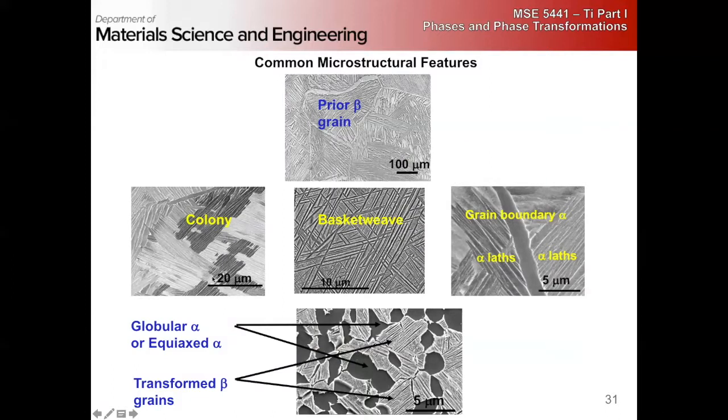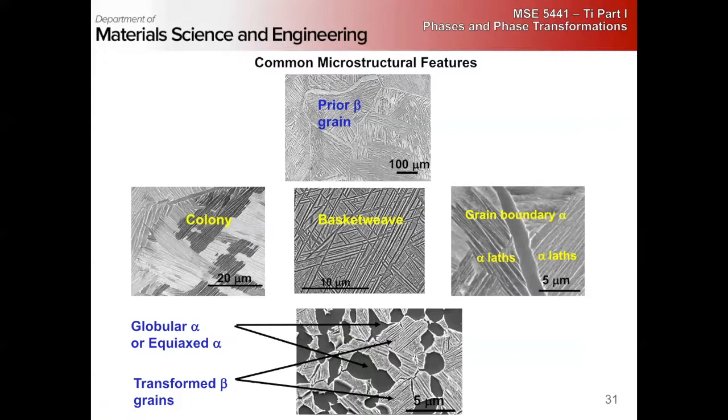So what's our initial grain boundary structure that we're starting with? The cooling is going to determine how much grain boundary alpha that we can form.